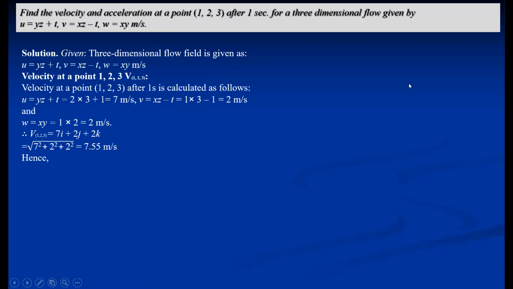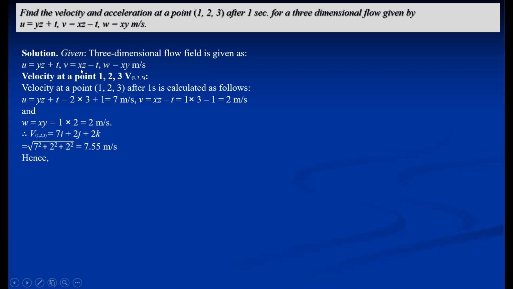So the three-dimensional flow field is given by u is equal to yz plus t, v is equal to xz minus t, and w is equal to xy. The velocity at point 1, 2, 3 after 1 second is found. The u component, by putting the y, z, and t values, comes to 7 meters per second.